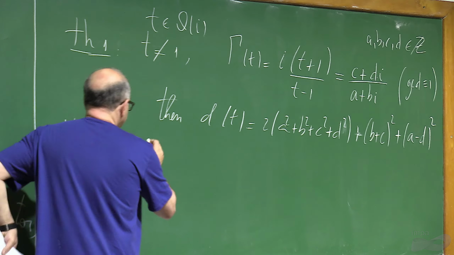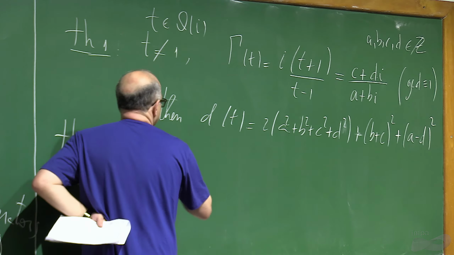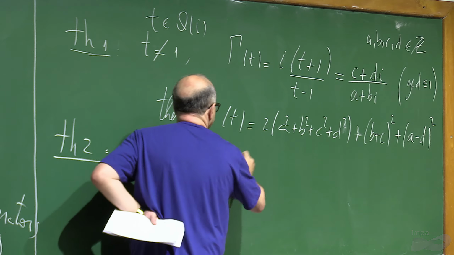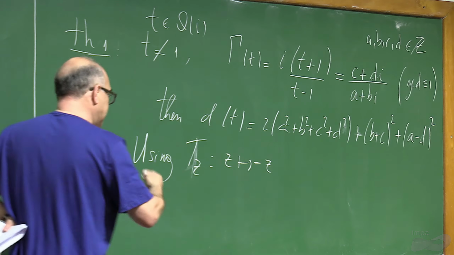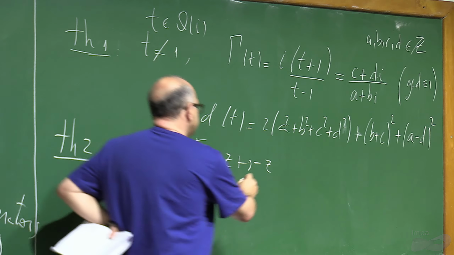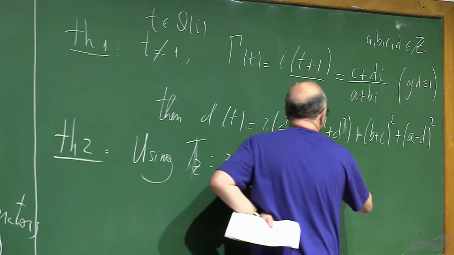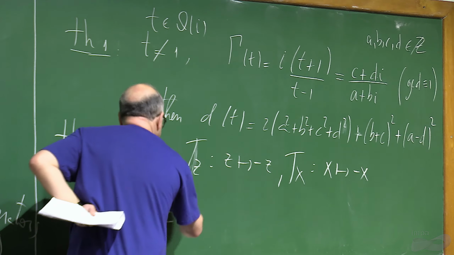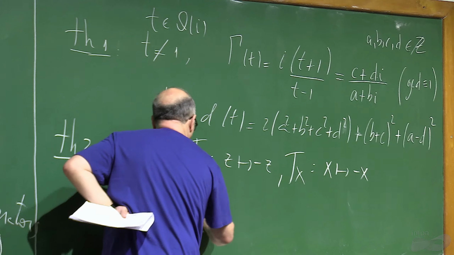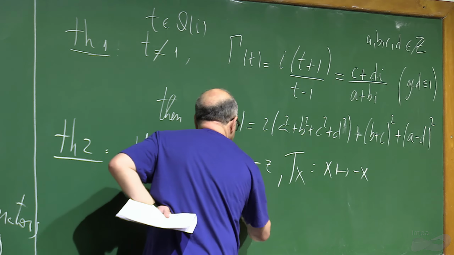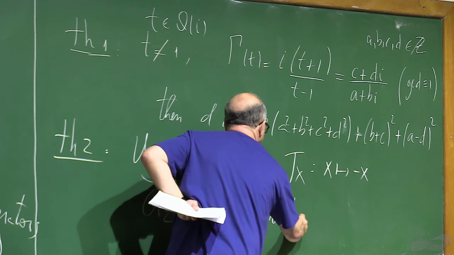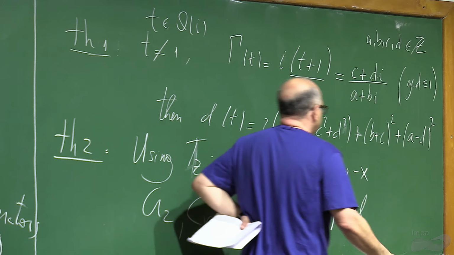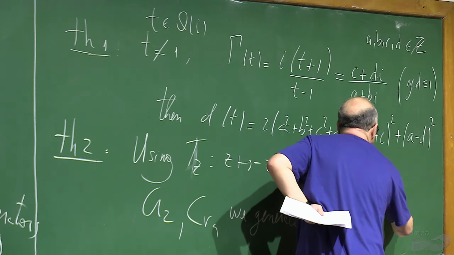is that using the automorphism, let's write Tz in the projective plane, that linear automorphism that sends z to minus z, Tx that sends x to minus x, linear automorphism, using one Cremona quadratic and one Cremona quartic, we generate all pencils starting from, let's say, F1.